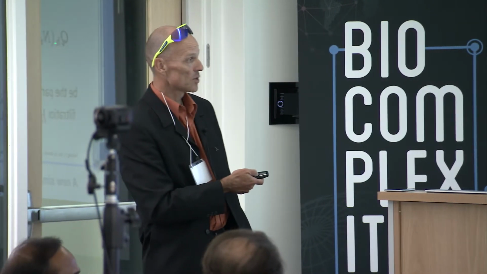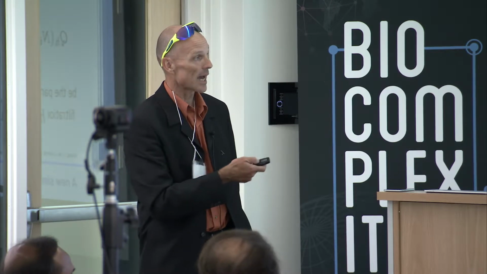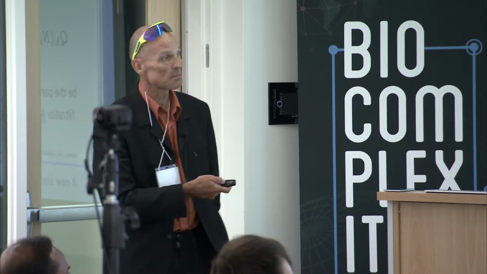So what this is doing here is creating the space of sequences for a fixed structure, each of those sequences having a high information content with respect to that fixed structure.